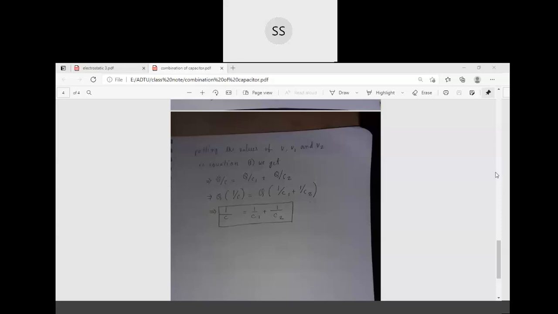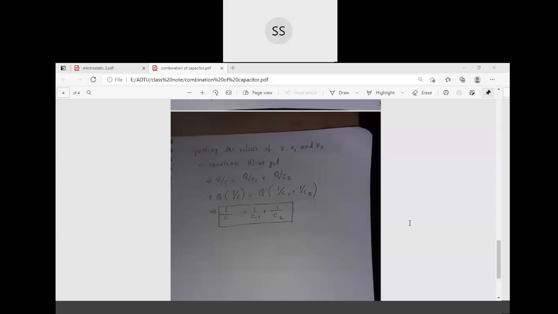Okay, write one homework. If two capacitors C1 and C2 of capacitances 4 microfarad and 2 microfarad respectively are connected, or you can write down C1 equal to 4 microfarad and C2 equal to 2 microfarad.